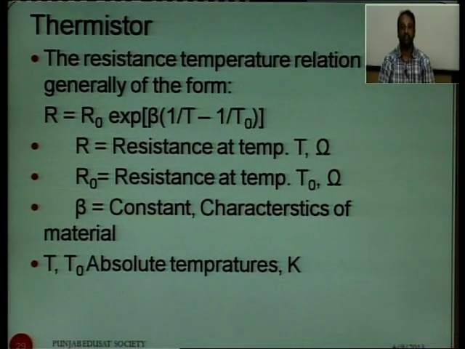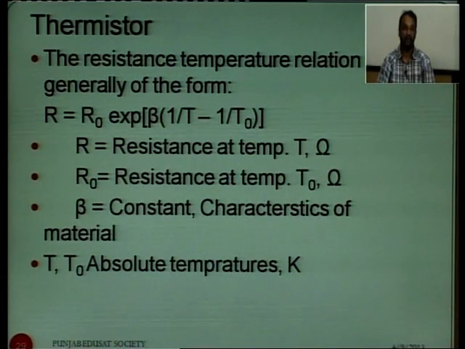There is a relation between resistance and temperature, that is R = R0 exp(beta (1/T - 1/T0)), where R is the resistance at temperature T in ohms, R0 is the resistance at temperature T0 in ohms, beta is a constant that is a characteristic of the material, and T and T0 are absolute temperatures in Kelvin.